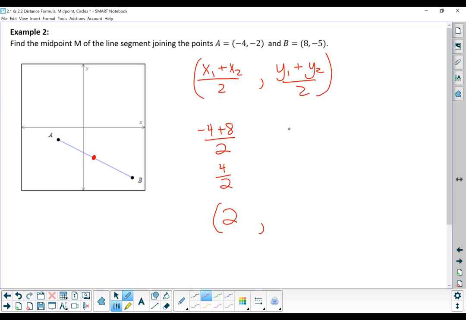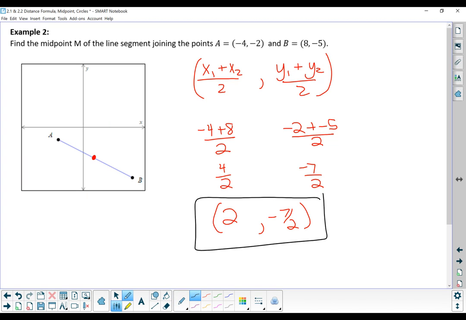And for our y coordinates, we have -2 plus -5. So that's -7 halves. And you probably just want to leave that in a reduced fraction form. I wouldn't take that into a decimal. So that's our midpoint. And I would not be worried or surprised if you have a fraction as one of your coordinates.